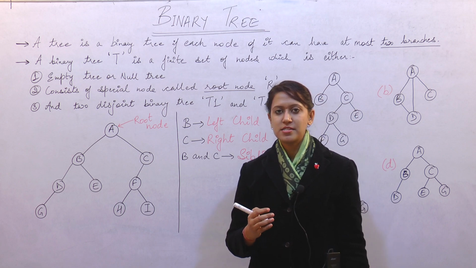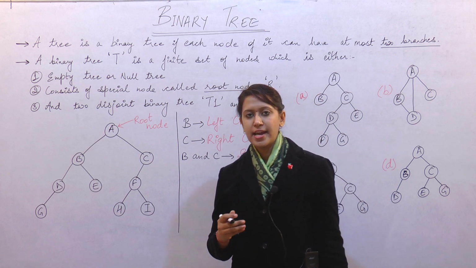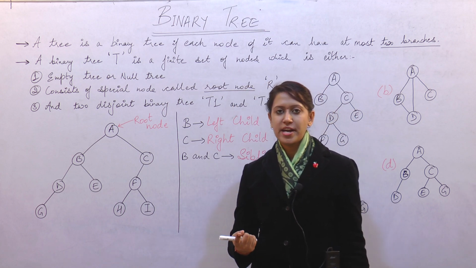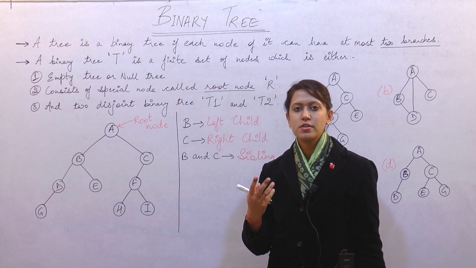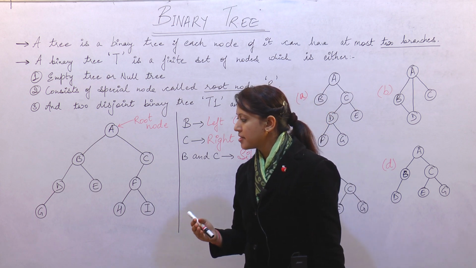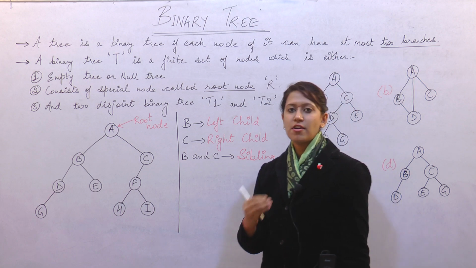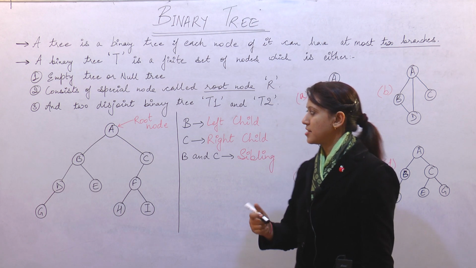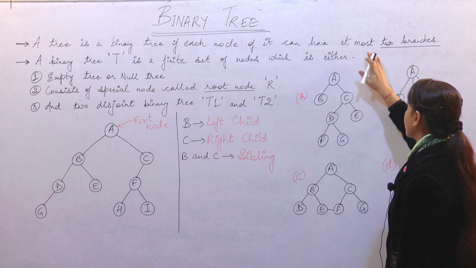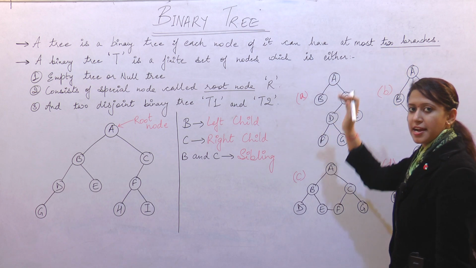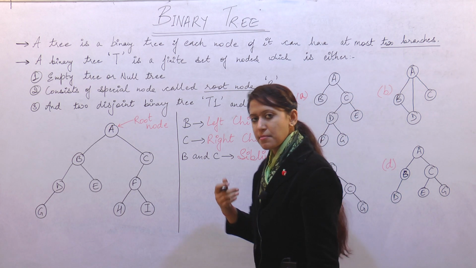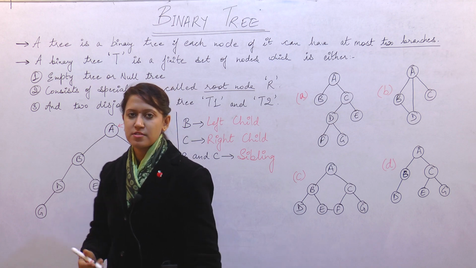At most two branches means each node can either have no branch, one branch or two branches. But no node can have more than two branches. That's why we have written here at most two branches. At most means a maximum of two branches.